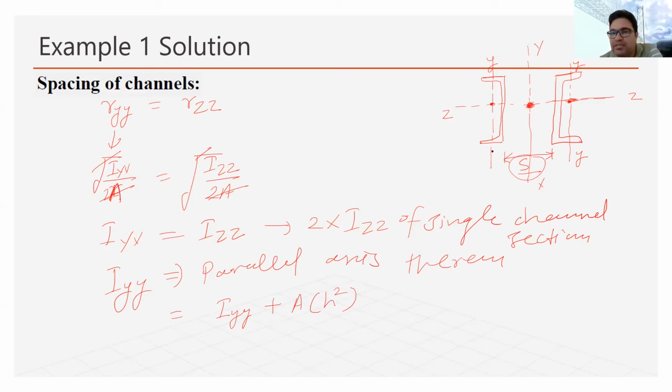There you can see I am trying to find the moment of inertia about this capital YY. The moment of inertia of a single channel section about yy is already given here in the steel table.